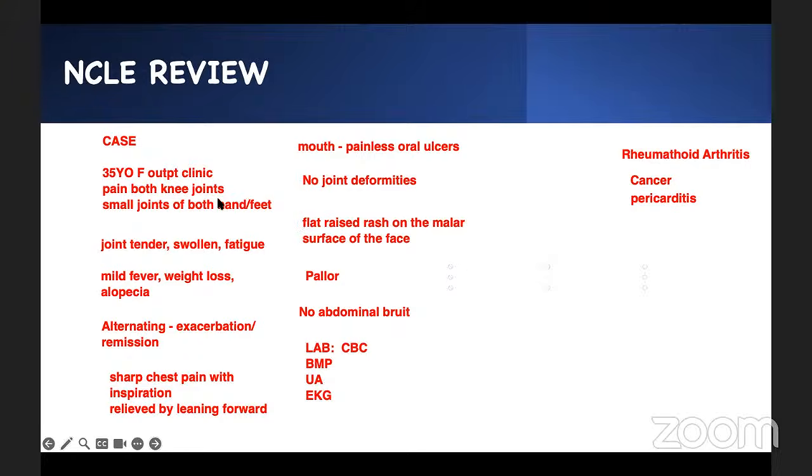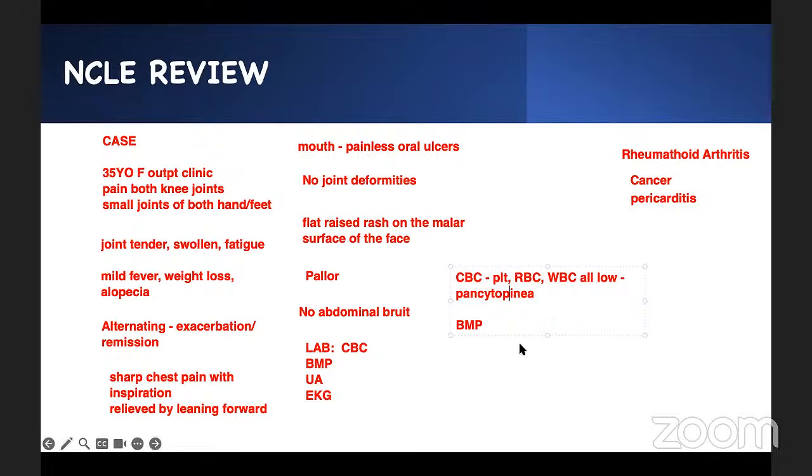CBC, what you saw was platelets, RBC, WBC, all low. This is what we call pancytopenia. BMP, I think this is easy.